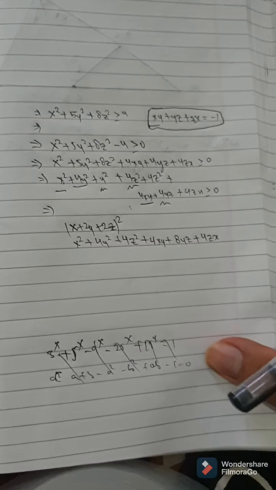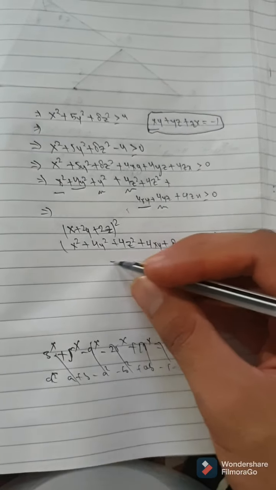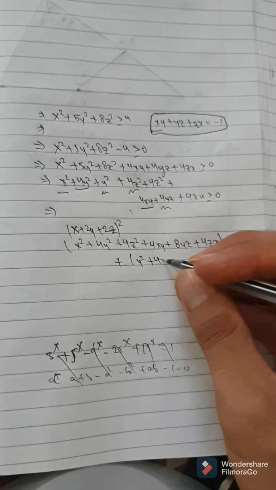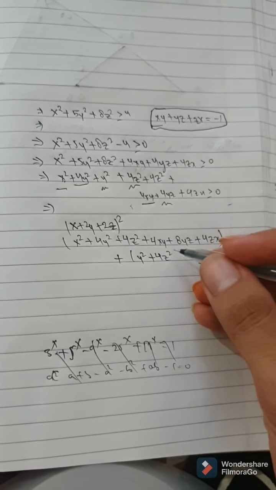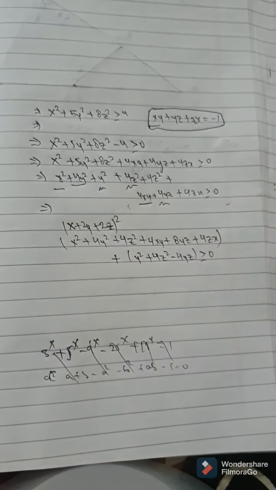And now what else do we have? In addition to this we have y square plus 4z square, and we have added 4yz and subtracted also, so 8yz minus 4yz. We need to prove this is greater than or equal to 0.